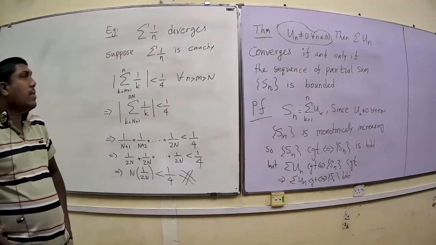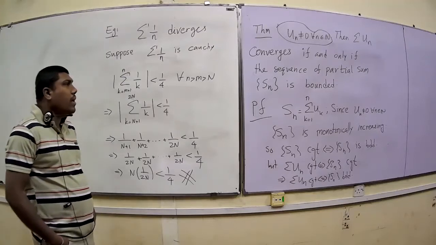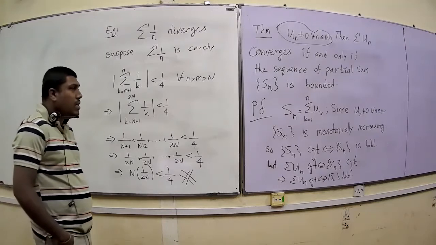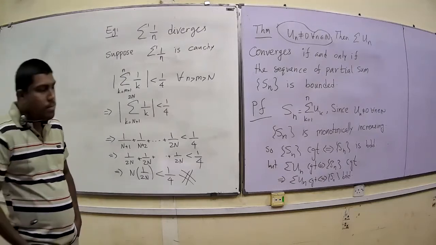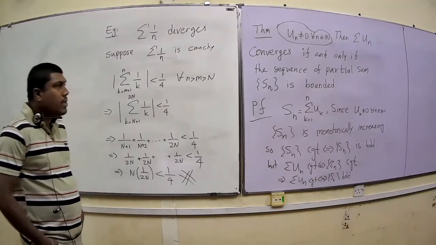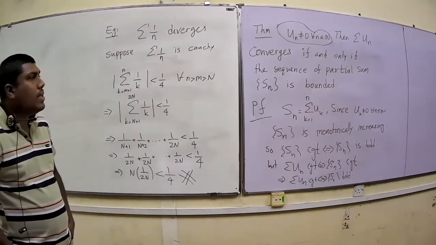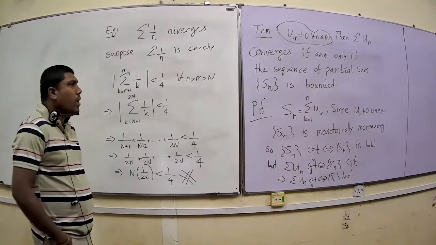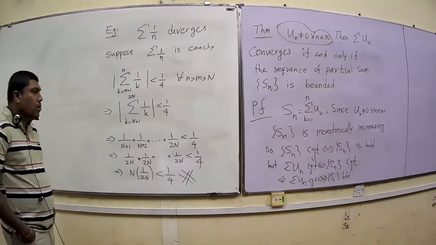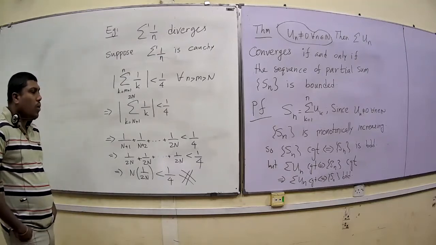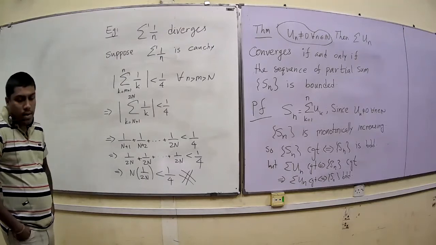If the terms are non-zero, then the series converges if and only if the partial sum is bounded, and also the series converges if and only if it is Cauchy, and also if the series converges, then the last term u_n goes to 0 as n goes to infinity, right? So that is how you prove the results.